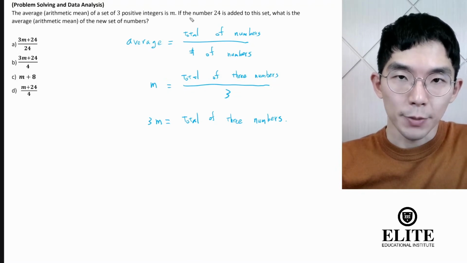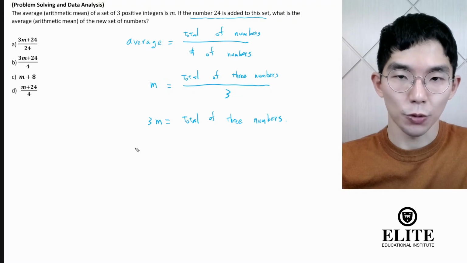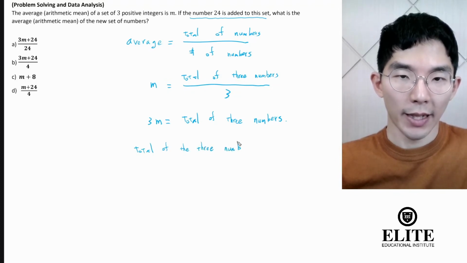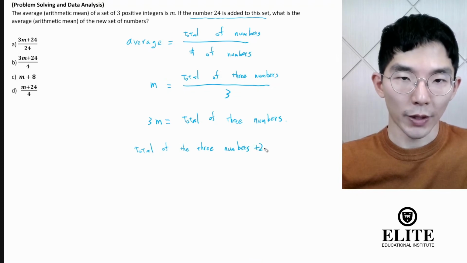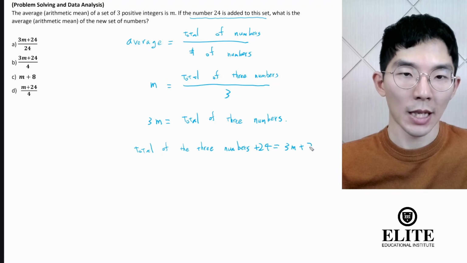Now, if I add 24 to this set, what becomes the new total? The total of the 3 numbers which were in the set to begin with, and then we add 24 to it. So my new total becomes 3m plus 24.